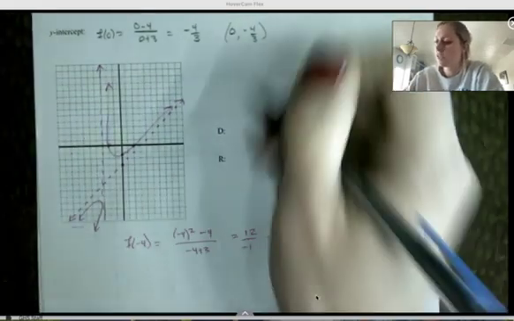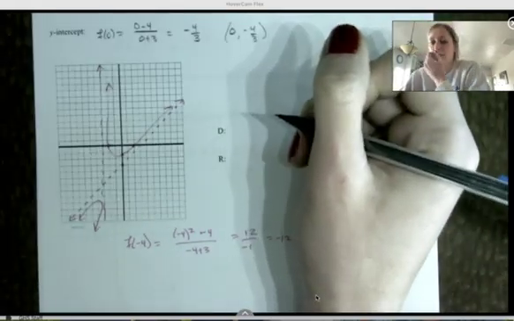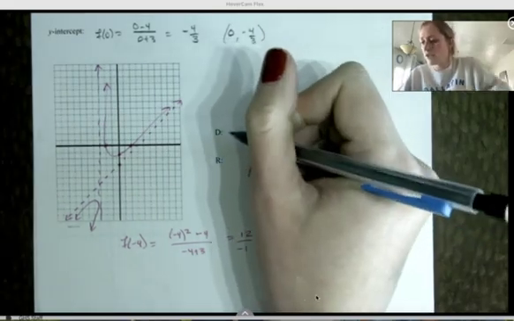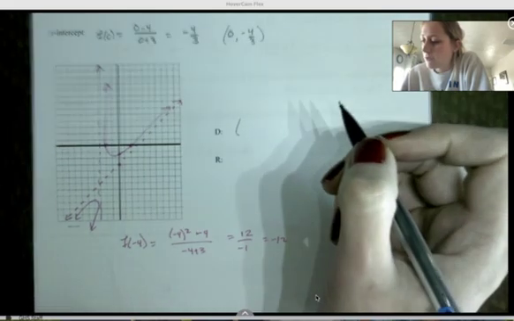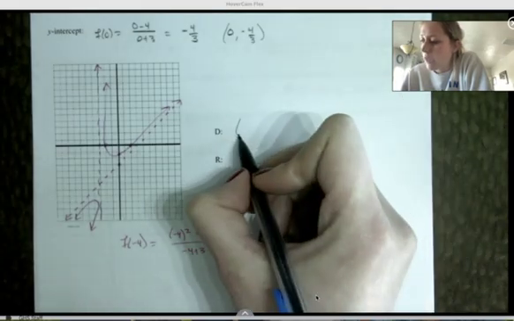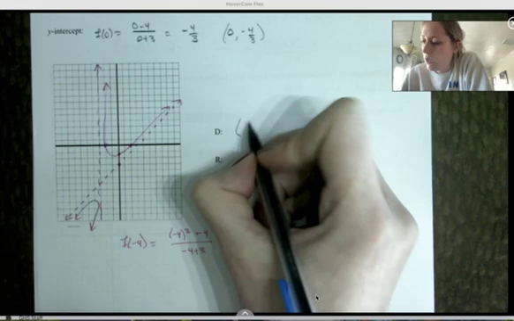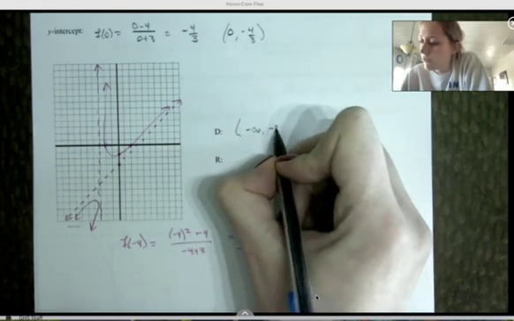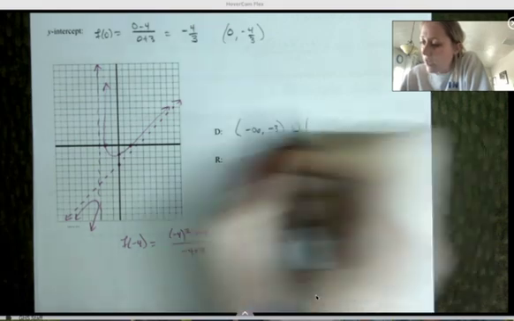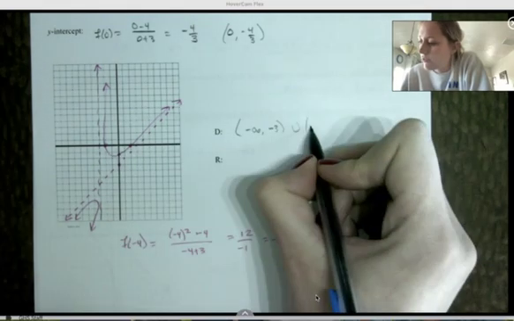Okay, domain and range. So this one, our domain is going to be affected by that vertical asymptote. And we have negative 3. So we're going to have negative infinity up to negative 3, and then negative 3 to infinity.